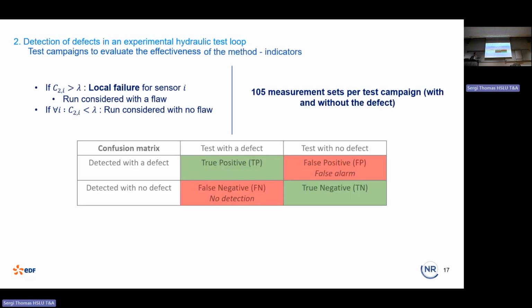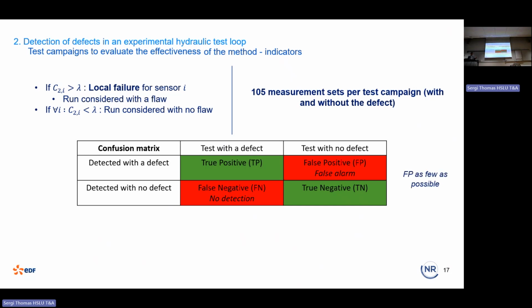As I've mentioned, if a test has a defect and is detected with a defect by data reconciliation, it's a true positive. If it has no defect and is detected with no defect, true negative. And if a test with no defect is detected with a defect, it's a false alarm. It means the data reconciliation will tell you something is wrong, but in fact, not really.